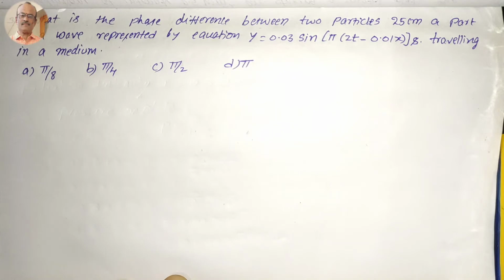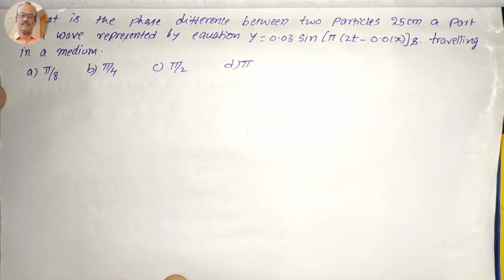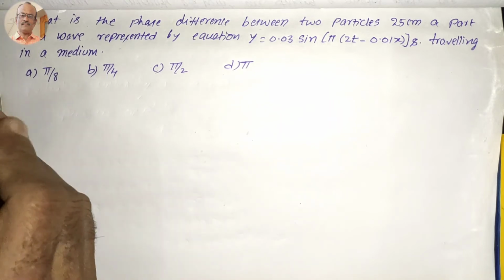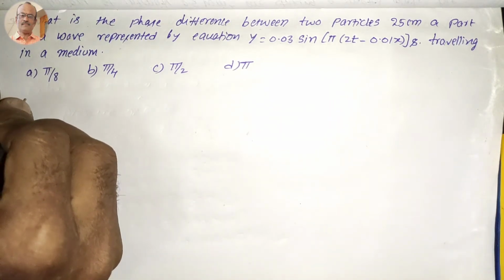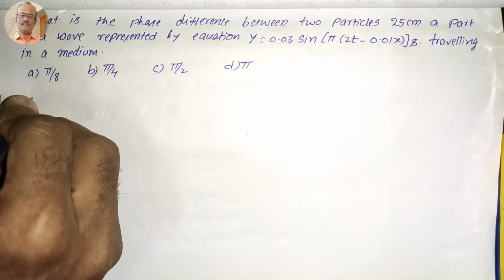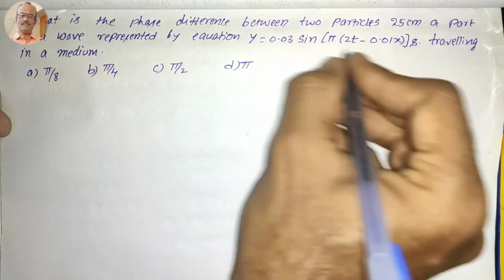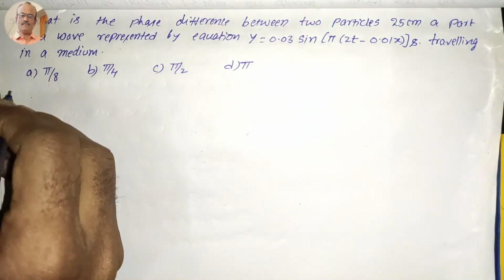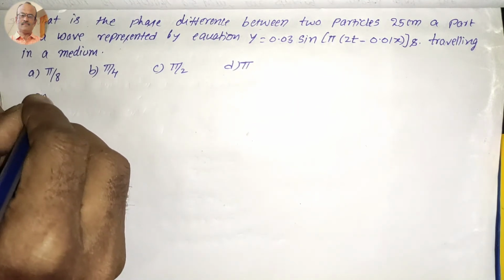Now the question number 33. What is the phase difference between the two particles 25 centimeters apart in a wave represented by an equation y equal to 0.03 sin pi times 2t minus 0.01 x seconds and traveling in a medium. So here first of all given which one? The wave equation is represented by means of this equation, and 25 centimeters is nothing but path difference.